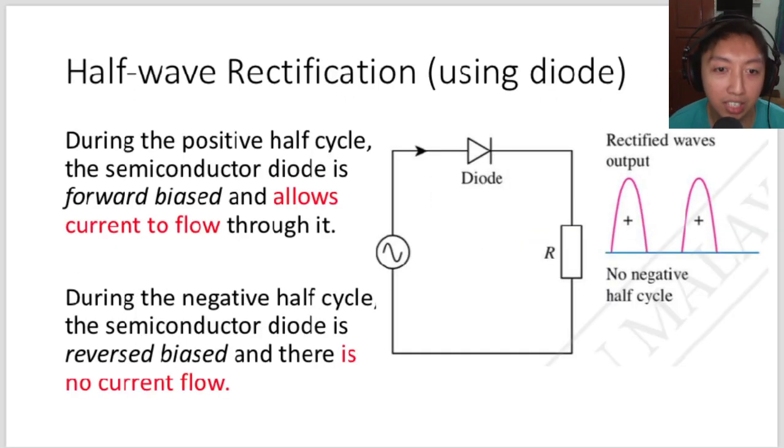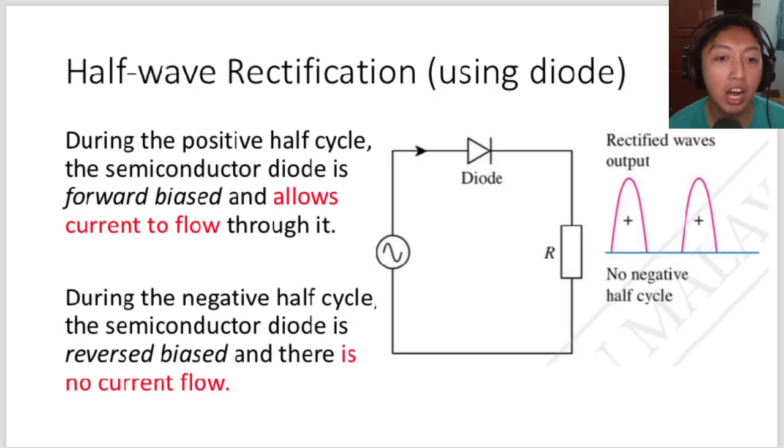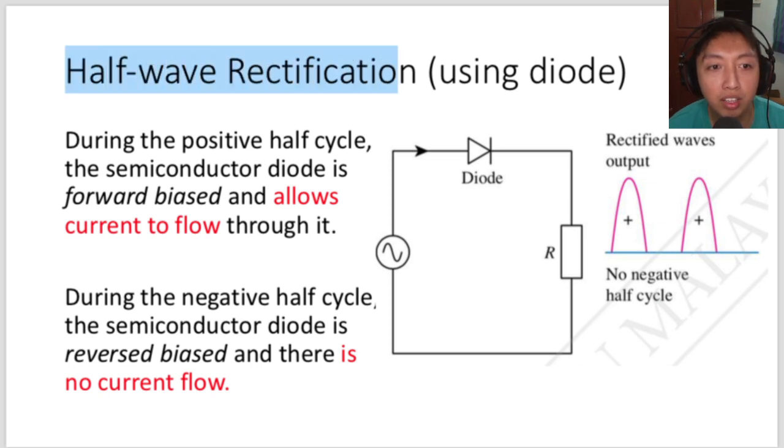This is half-wave rectification. The other type of rectification is full-wave rectification. I think you can imagine what full-wave rectification means. In full-wave rectification, we rectify both half cycles, the whole cycle. Now, how do we do that? For half-wave rectification, it's simple: we can just use one diode.